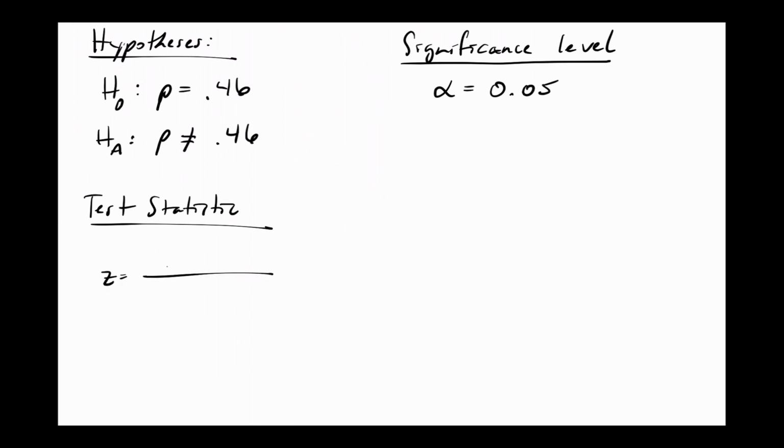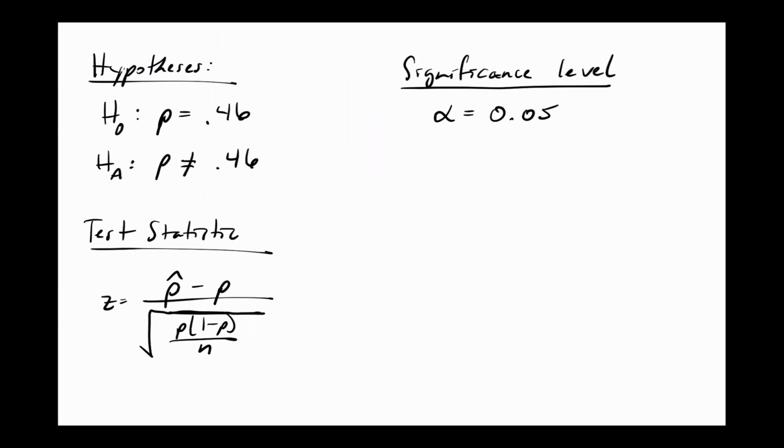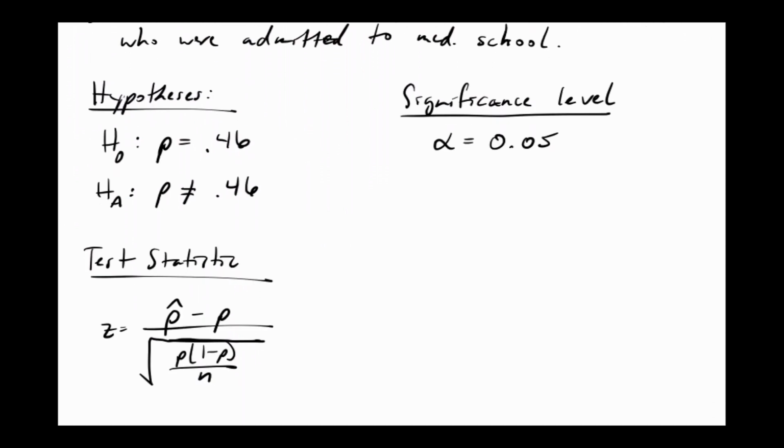Z equals P hat minus P. And then the bottom is the standard deviation, the square root of P times 1 minus P over N. All right. So that's 4 of the things we need to do.